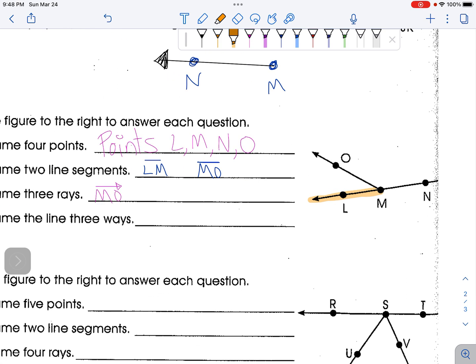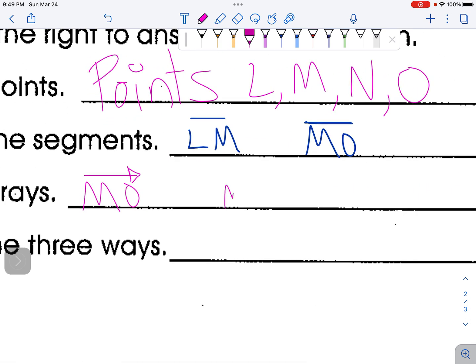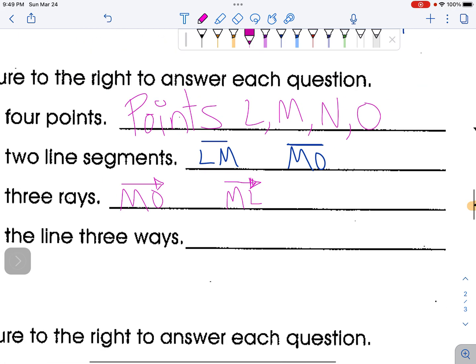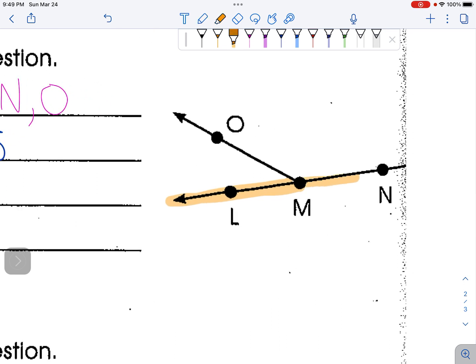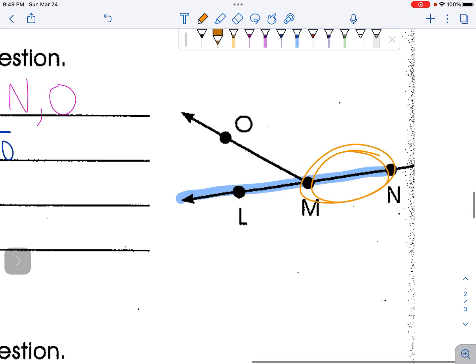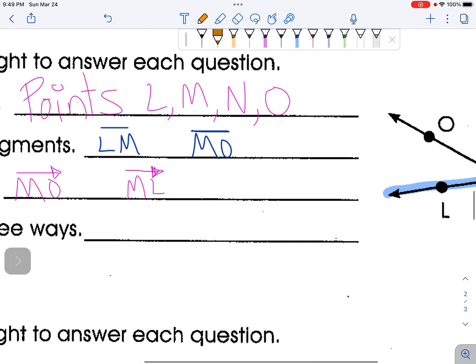Start at M, go through L, straight line, arrow. And then one that's really tricky to see. What if you just keep going back to that dot? Start at N and go through L. Yeah, I really could do that because now it includes this little part right here. So that is ray NL.